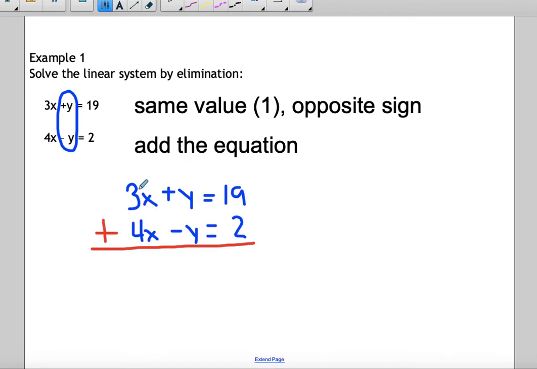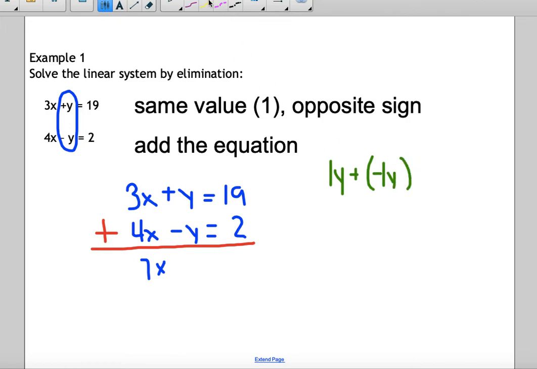So when I add 3x plus 4x, I'm going to get 7x here. When I have positive 1, I'm going to write this over here so you guys can see it. So I'm going to add the coefficients on the y's now. So I have positive 1y plus negative 1y.